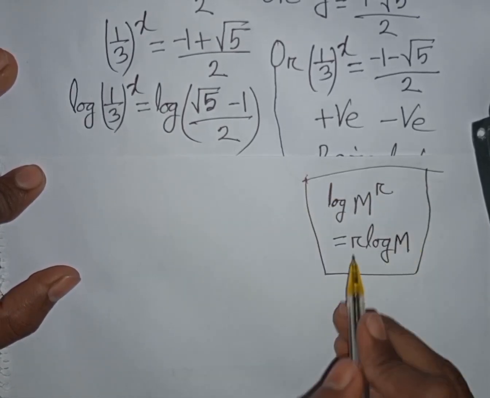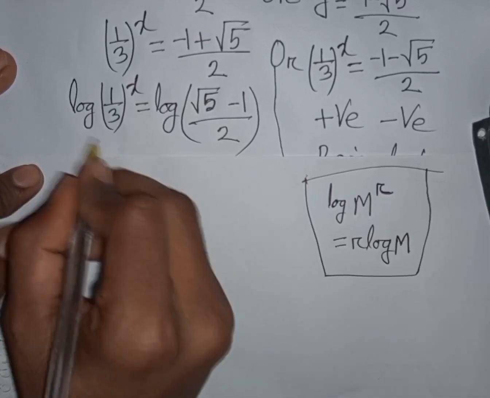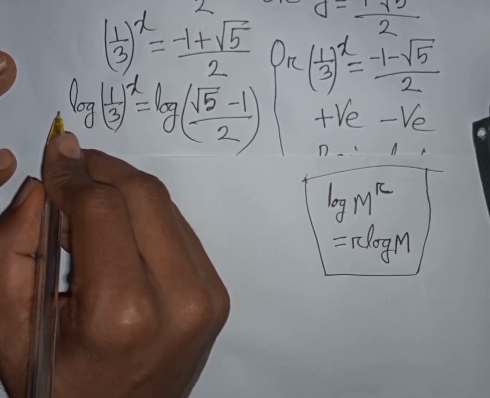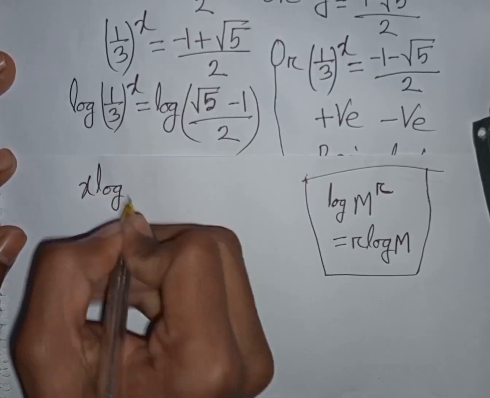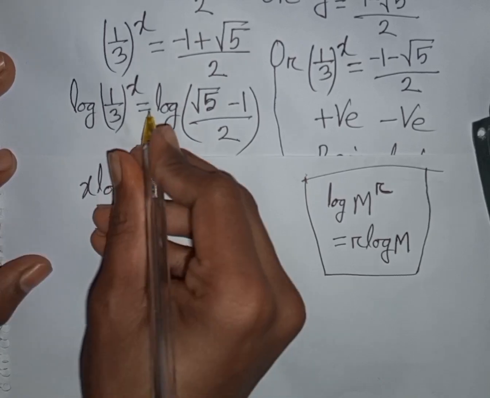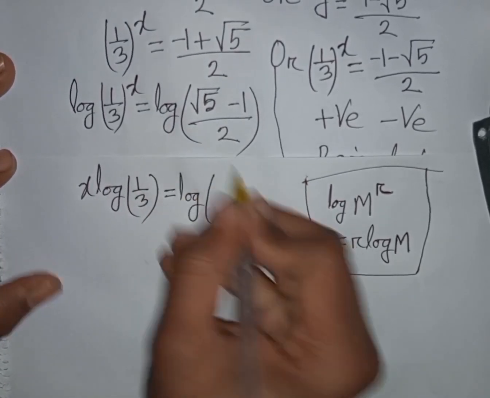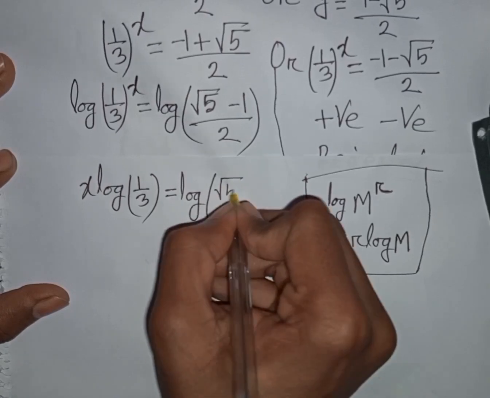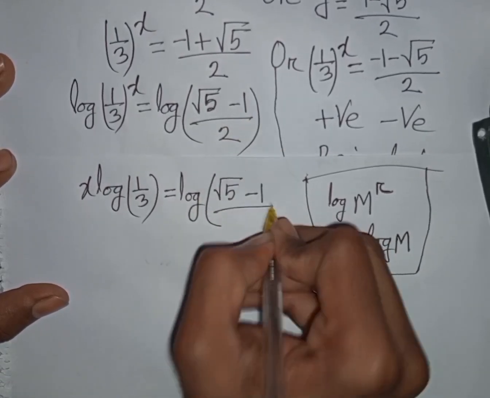That means this power r moves to the front. So this power x will move in front, and you can write x log 1 by 3 is equal to log of (square root of 5 minus 1) divided by 2.